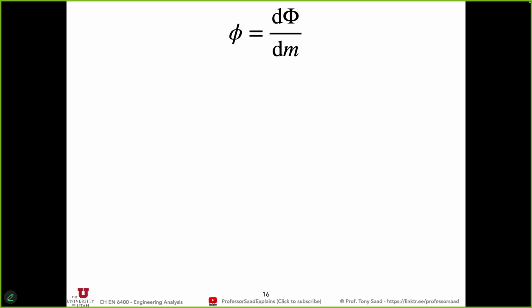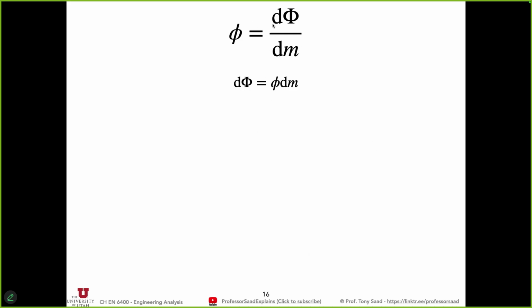All right. So, one more thing before we get to the Reynolds Transport Theorem. Now, I'm going to rewrite this and say d capital phi, a small change in the extensive property, is equal to the intensive property times a small change in mass. So, d capital phi is small phi times dm.